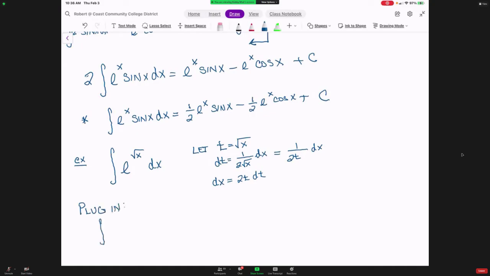We get the integral of e to the square root of x dx is equal to the integral of 2t and then e to the square root of x, which is e to the t, dt.